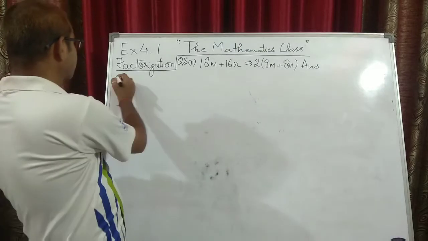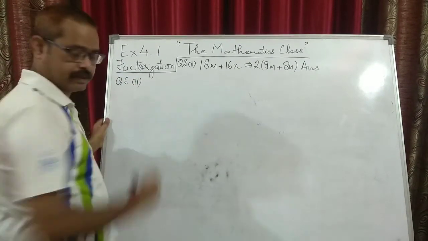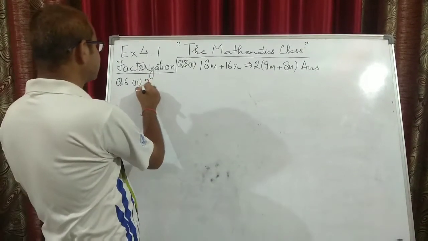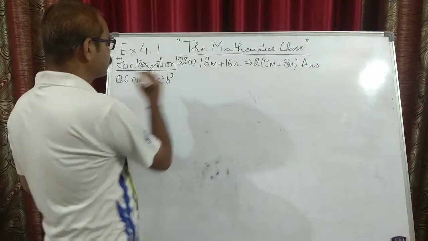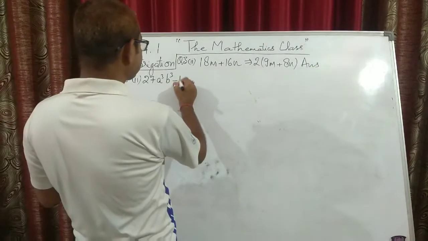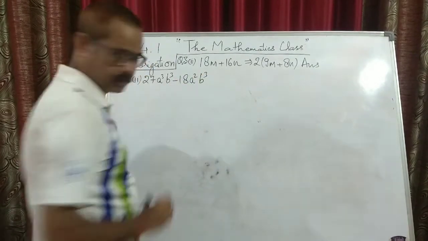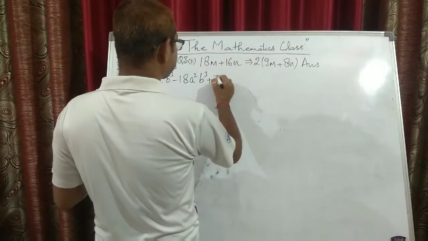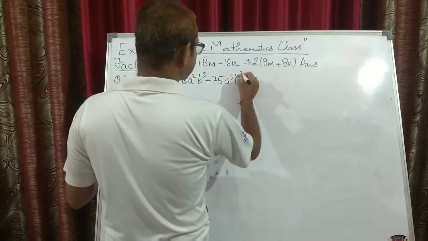Now we'll move on to question number 6, second part. It is 27a cube b cube minus 18a square b cube plus 75a cube b square.